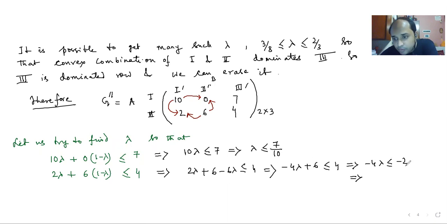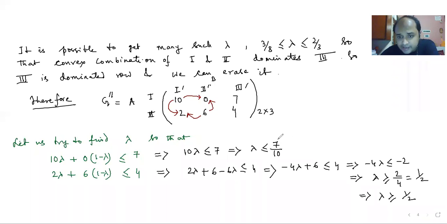If I divide both sides by minus 4, the inequality sign will change and we get lambda greater than or equal to 2 by 4, which is half.